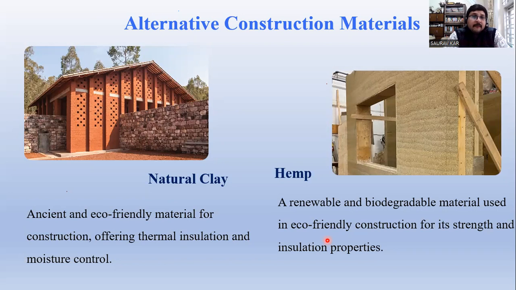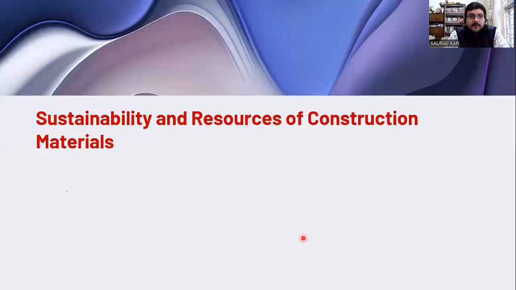We are using wood, a new type of wood, as an alternate construction material. Hemp is renewable and biodegradable. So in my classes, I will be discussing all these alternative construction materials in detail. Renewable and biodegradable material used in eco-friendly construction for its strength and insulation properties.